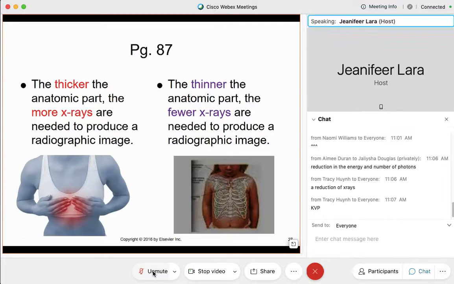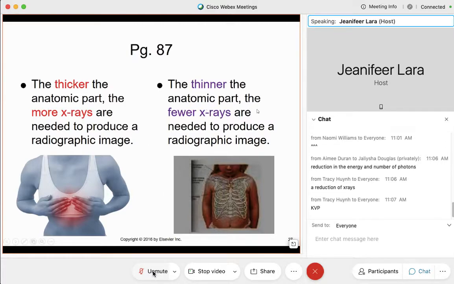The thinner the anatomic part, the fewer X-rays are needed. So this is why we adjust our technical factors, our mass, for smaller patients because it's less thick as opposed to larger patients. Make sense? So pediatrics always have their own technical factors based on thickness.